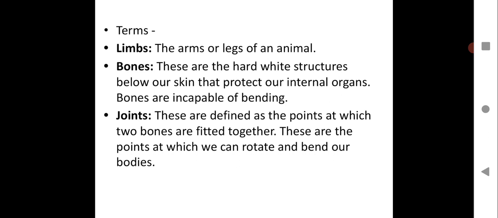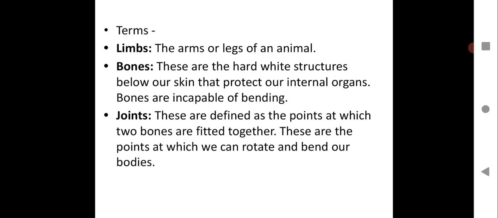So the animals cannot walk erect. They have four limbs, the hind limbs and the forelimbs. We can walk erect, and we have a spine and vertebral column that help us to stay erect, and we have proper hands and legs. Whereas the animals with four limbs cannot walk erect. So generally we talk in terms of limbs.